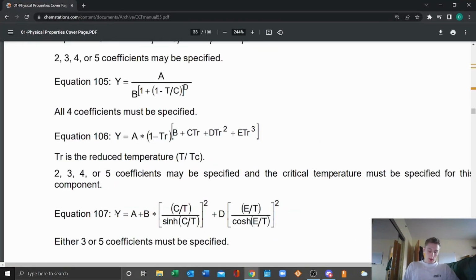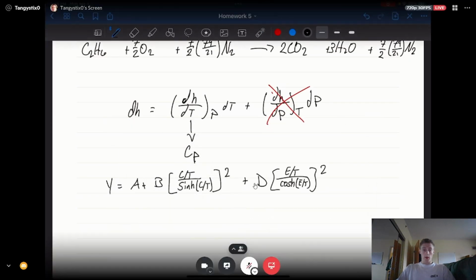Y equals A plus B times (C over T, all that over the hyperbolic sine of C over T) squared, plus D times (E over T over the hyperbolic cosine of E over T) squared as well. Okay, there we go.